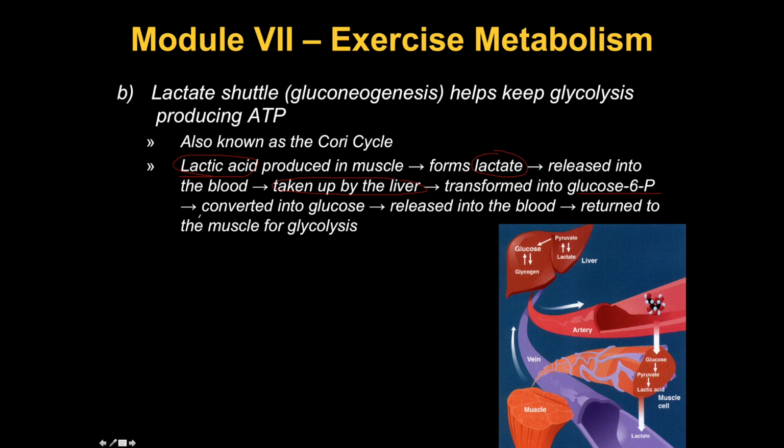It's one of the steps that we've seen. So we basically then can take that glucose 6-phosphate, convert it into glucose, and then release it back into the bloodstream. And eventually that same lactate that was converted into glucose, that glucose now can return back to the muscle tissue so that we can utilize it. So it's a nice way of recycling lactic acid.